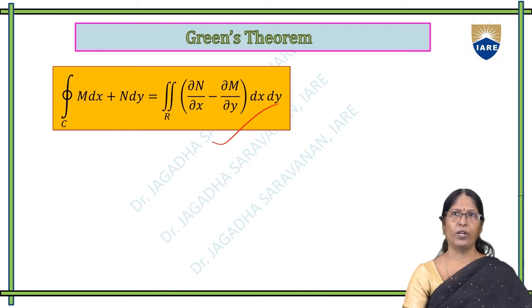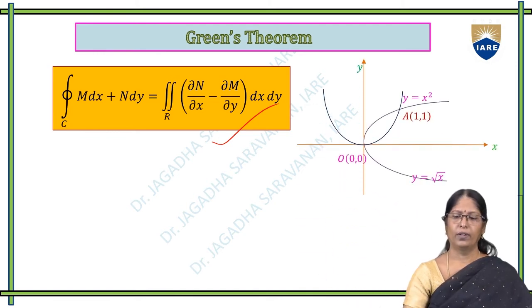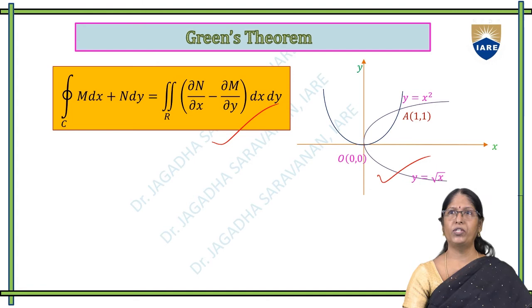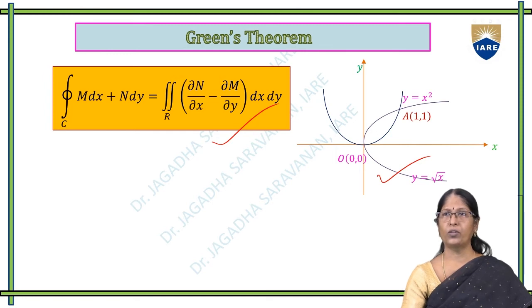Now this is our Green's theorem formula. This is the bounded region. According to the condition given in our question, we have drawn the diagram. Our bounded condition is two parabolas: y equal to root x is one curve, y equal to x square is another curve.